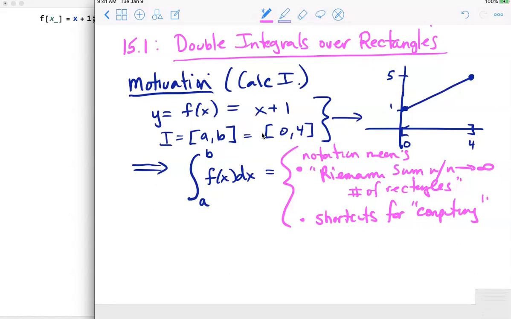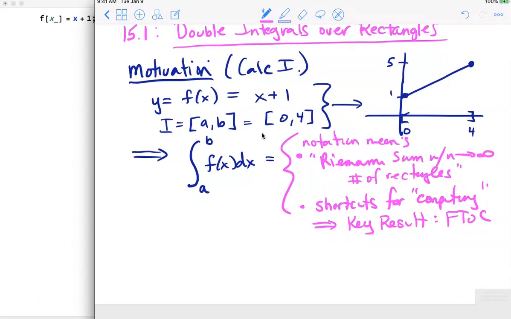And for computing the integral, there turned out to be a very important and key result, which was called the fundamental theorem of calculus. The fundamental theorem of calculus says that if you can compute this definite integral using a Riemann sum, it also happens to be equal to the antiderivative of the function that you're finding the integral of, evaluated from a to b.